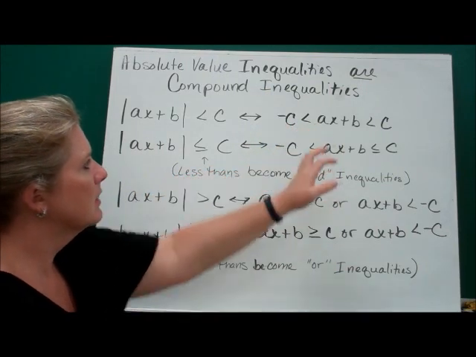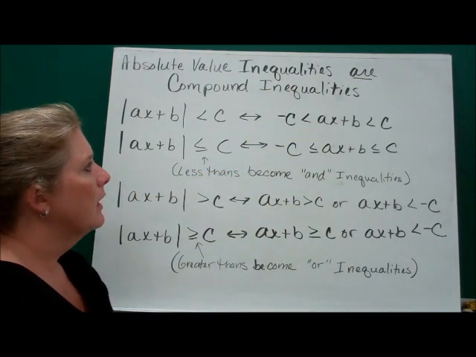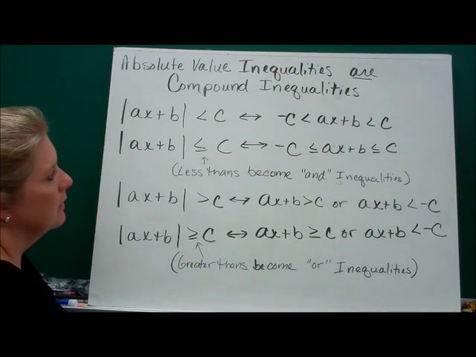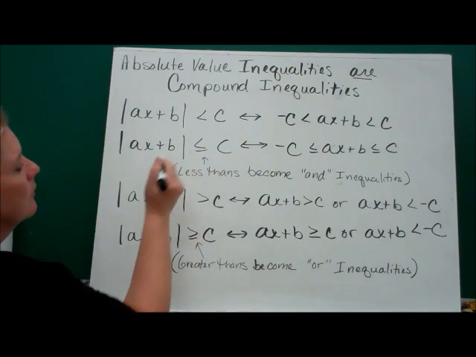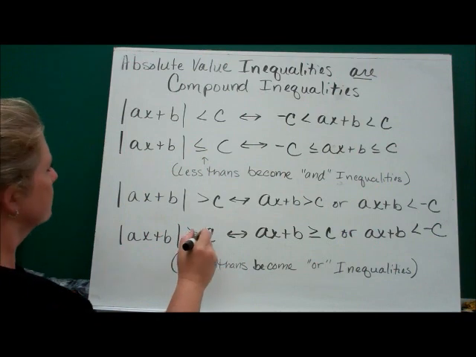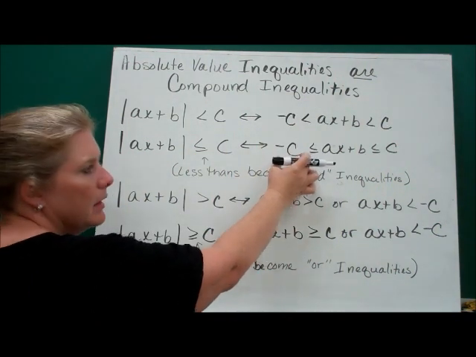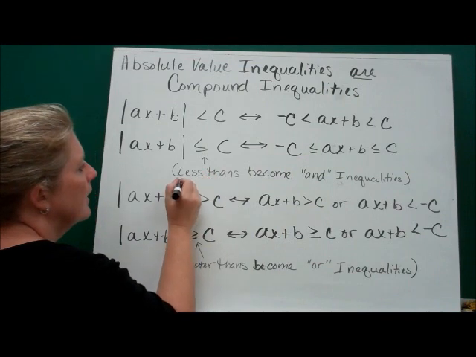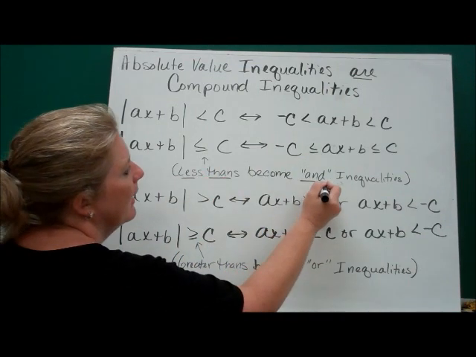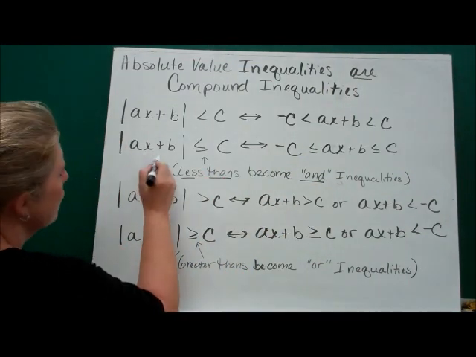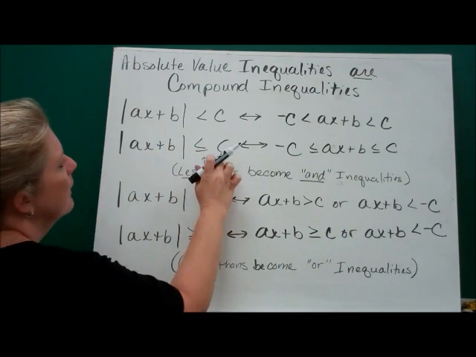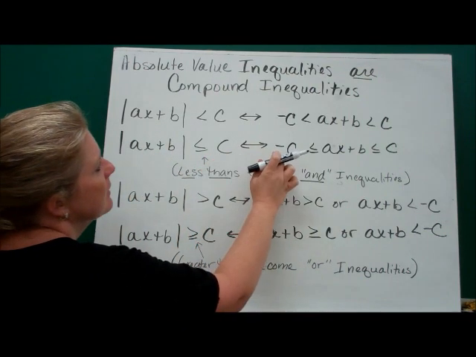Negative c is less than ax plus b is less than c. The main thing to remember here, if you make this negative, this becomes your lower boundary in your and, so less thans become an and inequality, where this is in the middle, and then positive, negative, this is on either side.